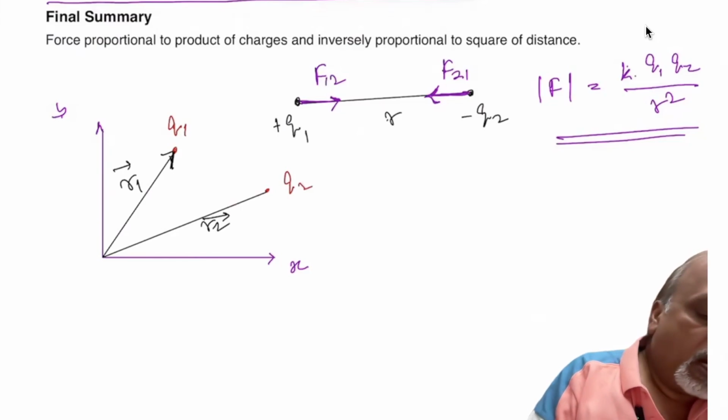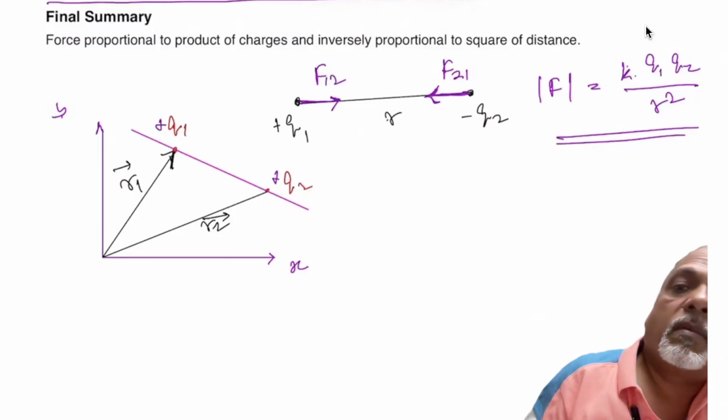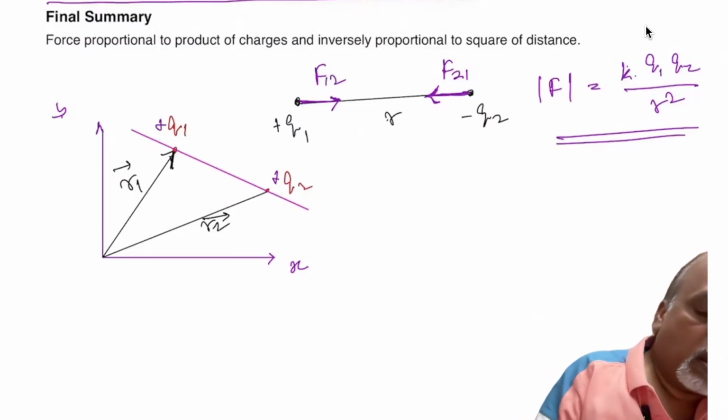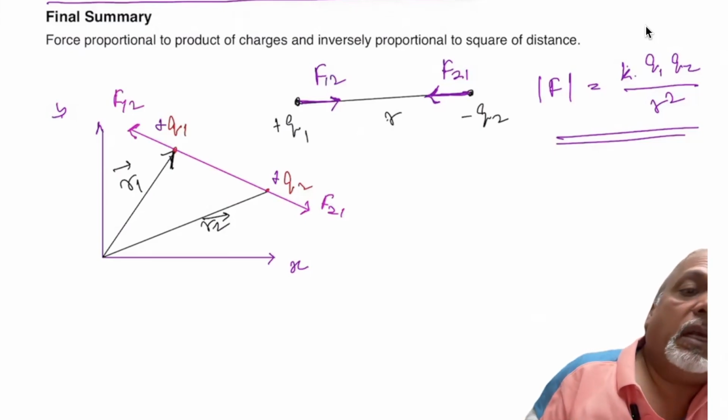Correct. Now, suppose we assume both are positive, then what will happen? They will repel each other, and this will be the force. Of course, this is your F21 and this is your F12, like we have seen earlier.